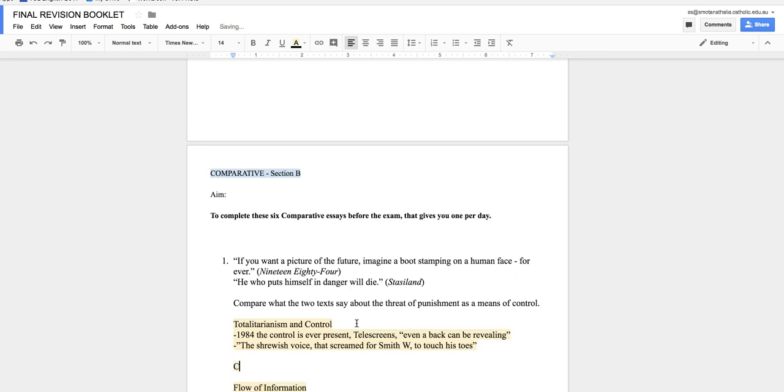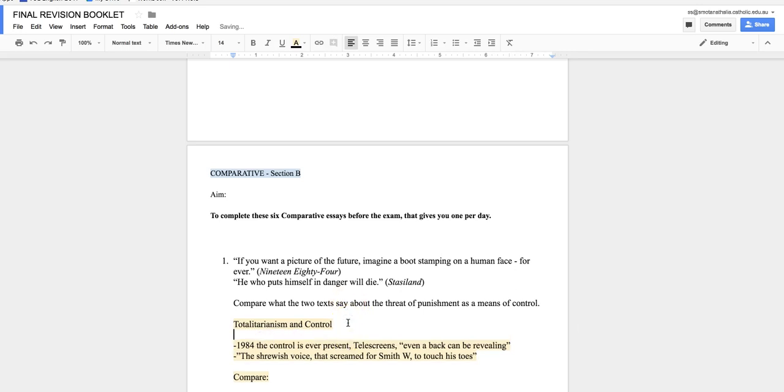And then you would do your compare. So you would go to Stasiland, all right? In Stasiland, you might talk about the fact that at first Funda laughs at the extent of the control.